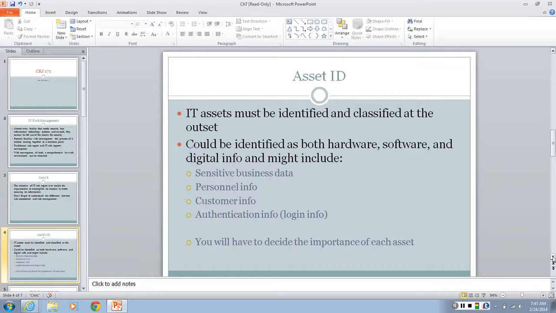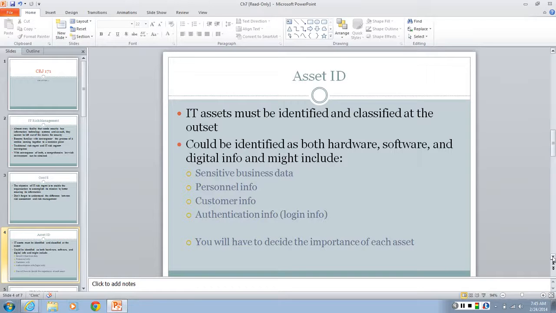If you're Kentucky Fried Chicken, now I will tell you that Kentucky Fried Chicken keeps a hard copy of their secret recipe with 13 original herbs and spices or whatever it is, in a safe at an undisclosed KFC corporate location. However, some locations, some facilities, some entities might store that on what they believe is a secure server. So that would be considered sensitive business data.